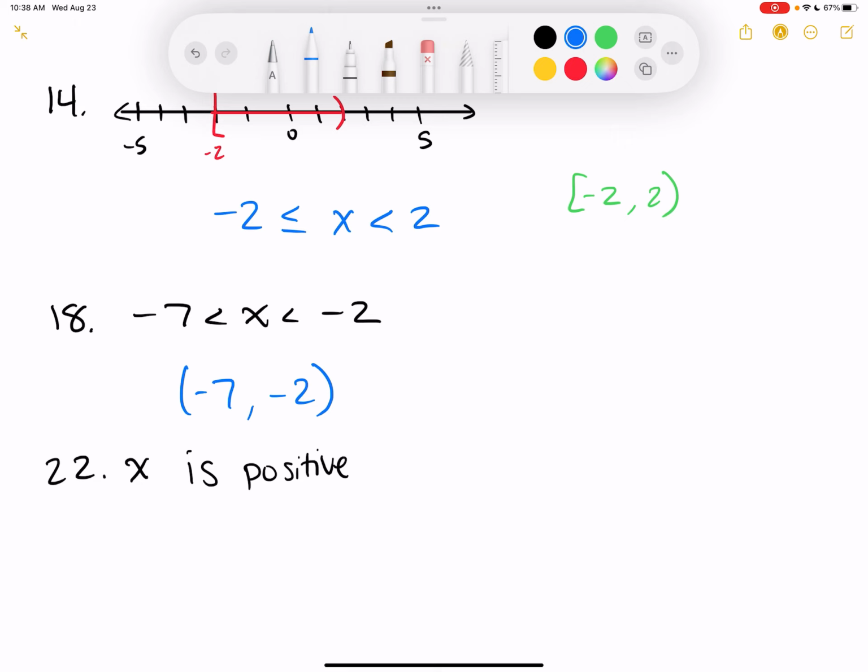So parentheses 0, and then infinity, then parentheses. Yep. Why'd you not include 0? Because 0 isn't positive or negative, it's just 0. Good. A lot of people like to include it, but it's not positive. It's also not negative. It's just 0.